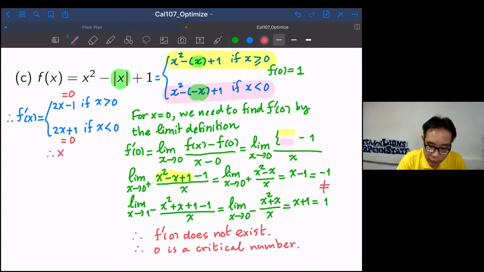In this case, you get x equal to negative 1/2, and in the above case, you get x equal to 1/2. So you're going to conclude that x equal to 1/2 and negative 1/2 are critical numbers.